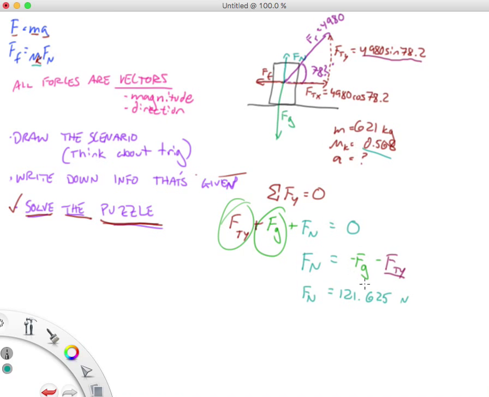So all I'm going to do right now is plug this normal force into this equation right here, and I'm going to get the frictional force. So here's the frictional force. I've just plugged it in.